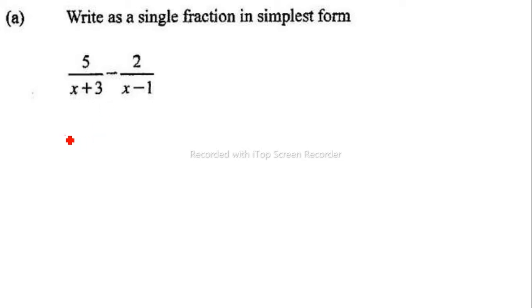So the lowest common multiple between these two denominators is going to be x plus 3 times x minus 1.